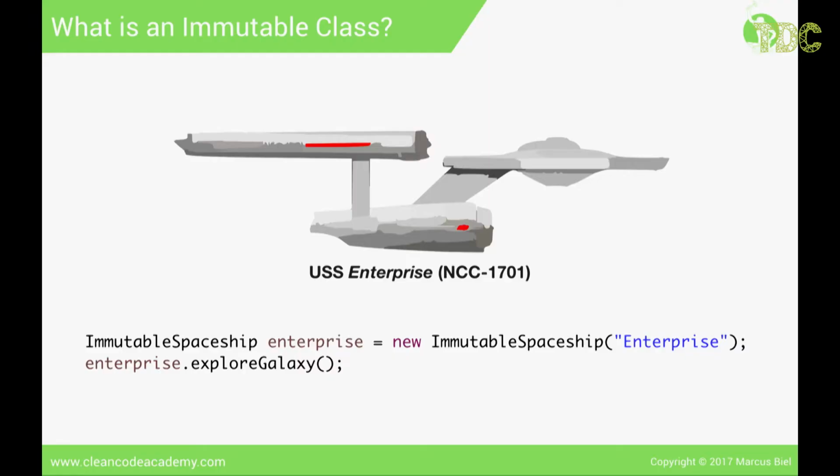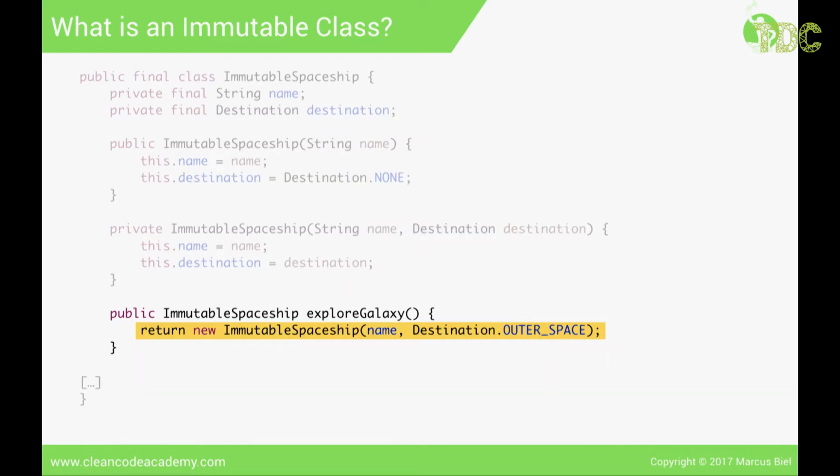The question now is, if you have, as another example here, the USS Enterprise, and of course it's flying through space, so there's a lot of changes needed. So how can you do all these changes when you cannot change the object? For this, let's look into the code.